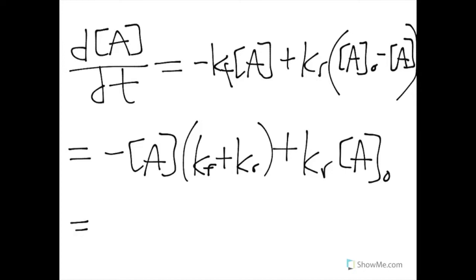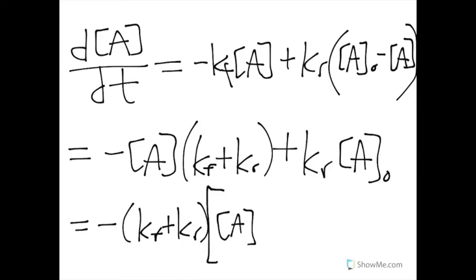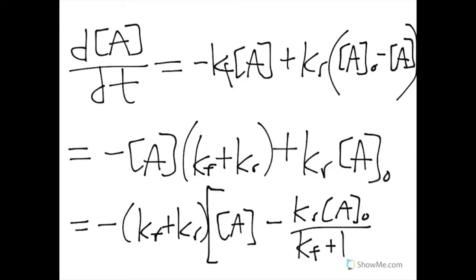And continuing on, we can pull out a term of Kf plus Kr. And we have a minus term times A minus Kr A naught over Kf plus Kr.